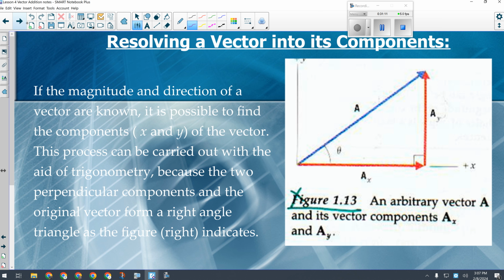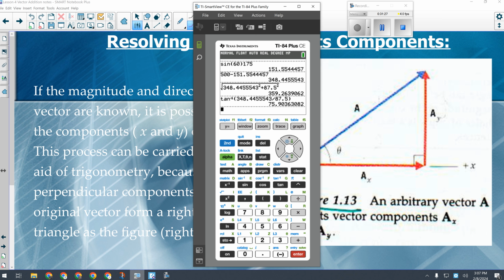All right, so if we want to break down a vector into its components, as I said before, what we're doing is figuring out how far it moves horizontally and in what direction, and how far it moves vertically and in what direction. And all we're doing to get that is using the information given about that vector. They're going to tell us its magnitude, they're going to tell us its direction, because they have to.